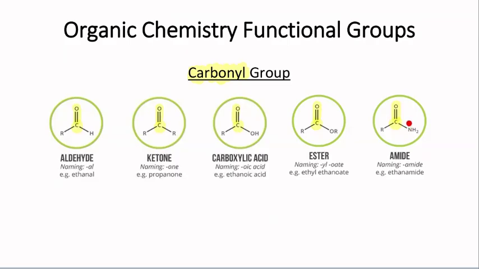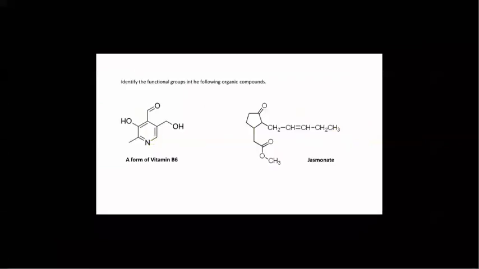It could be an H with additional carbon chains, but as long as you have a carbonyl group connected to nitrogen, that constitutes an amide. The R group on the other side of the carbonyl could be a hydrogen or a carbon chain. So now, how do we apply all this knowledge in order to explore organic compounds?